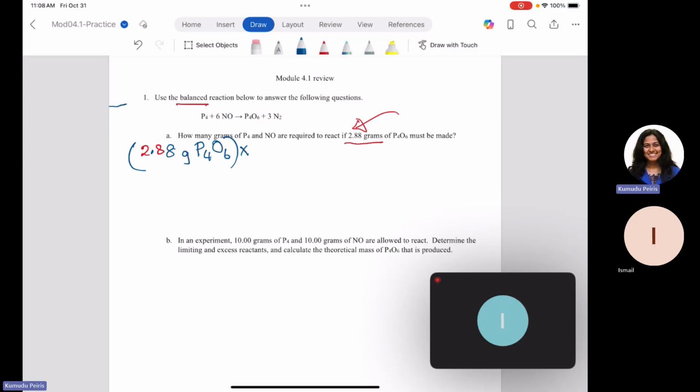Now I expect everybody knows how to find the molar mass by calculating the total atomic masses from the periodic table.